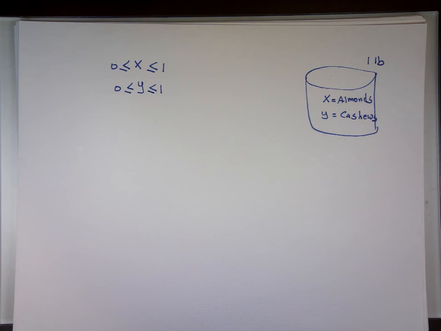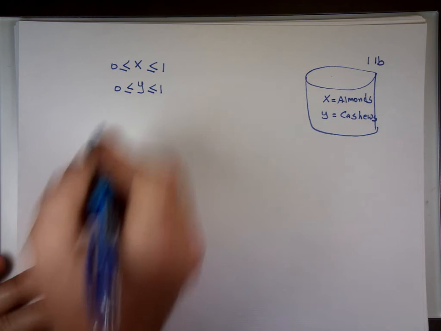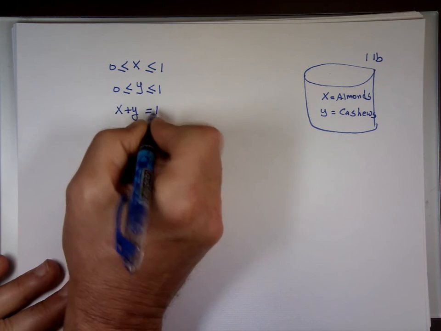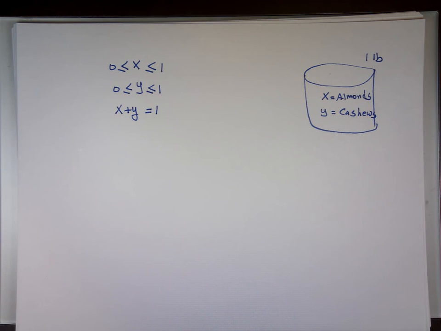So you know X plus Y always has to equal 1. That's the other condition. It should be really less than or equal to 1. Never more than 1.